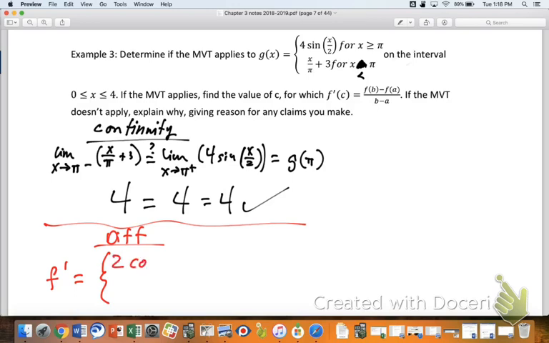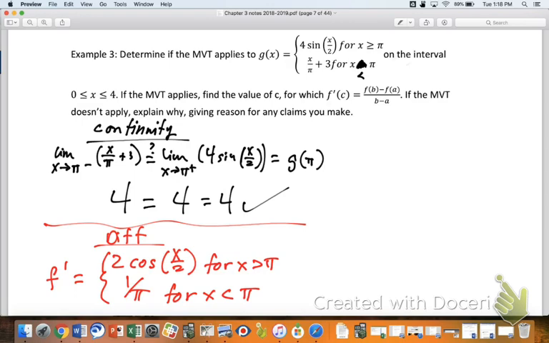So I'm going to write 2 cosine of x over 2 for x bigger than pi. Chain rule factor is 1/2. 4 times 1/2 is 2. And then the other piece is much easier, perhaps. What's the derivative of x over pi plus 3? 1 over pi. Good.